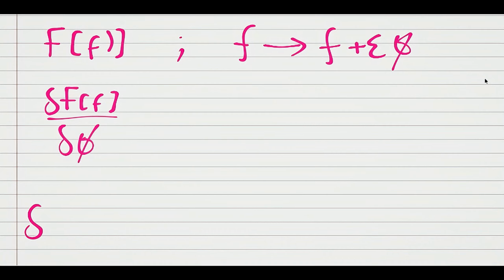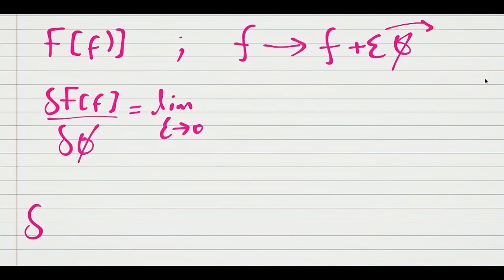It's always with respect to some field. It could be phi, it could be g, it could be f, it depends. However, we are just writing down the general expression here. So that is equal to the limit e approaches 0, because here the perturbation is expressed in terms of e.